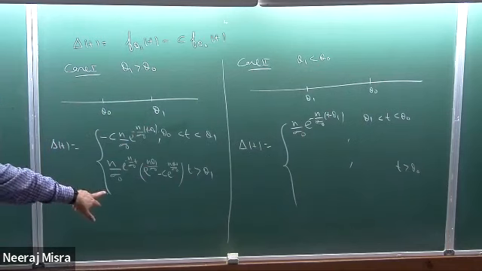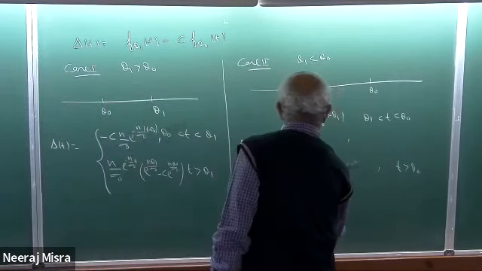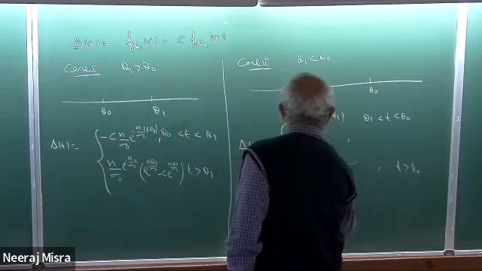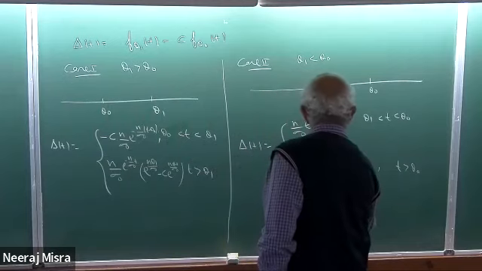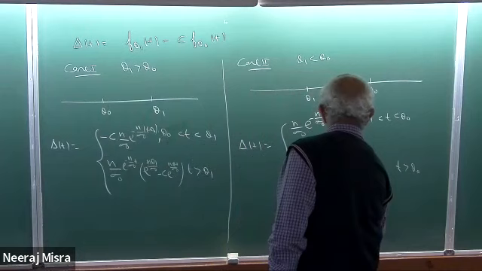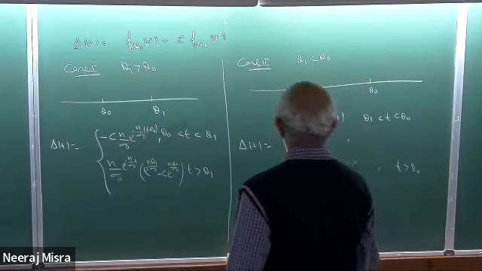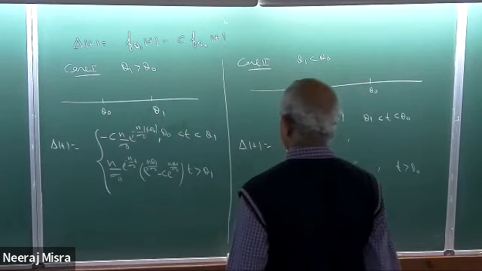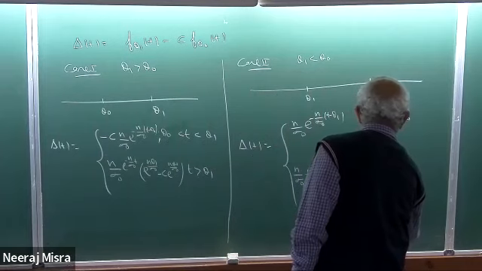So I can write it down as it is: n by sigma naught e to the power minus n by sigma naught t, times e to the power n theta 1 by sigma naught minus c times e to the power n theta naught by sigma naught.